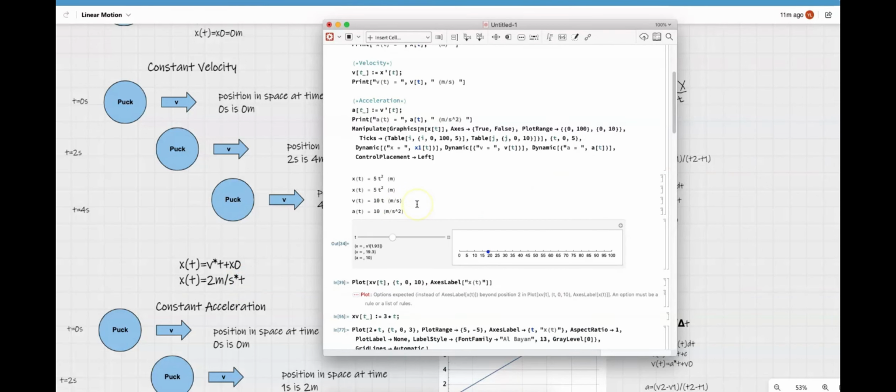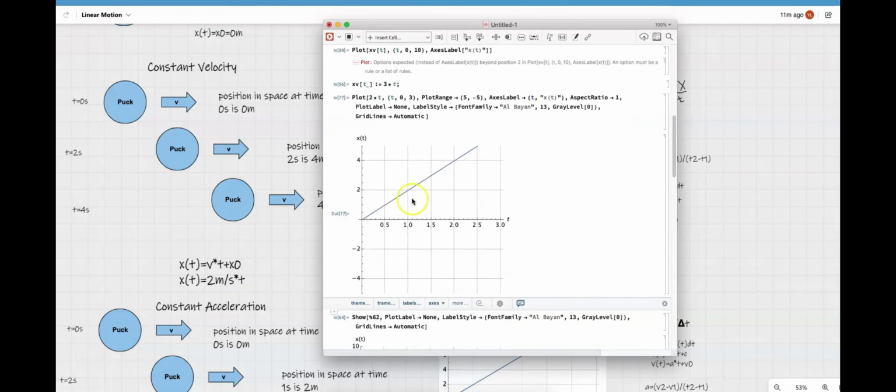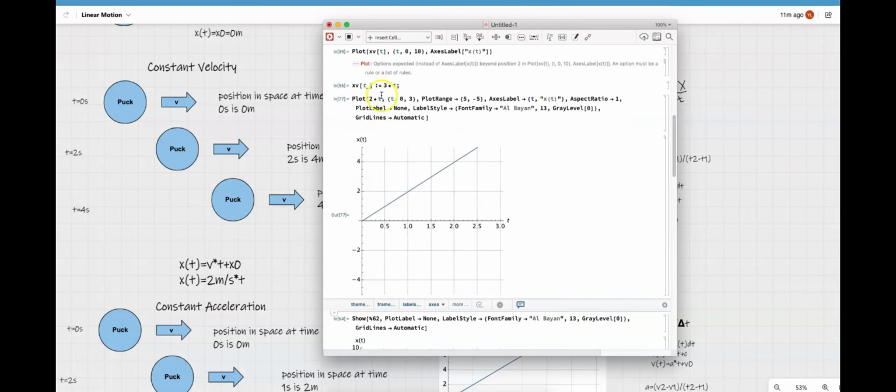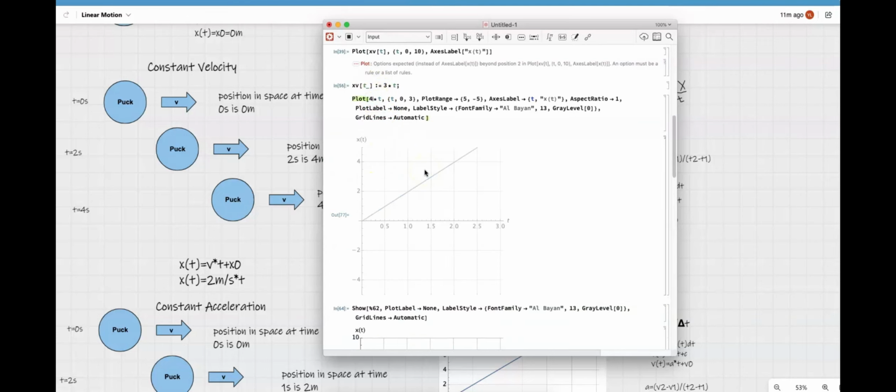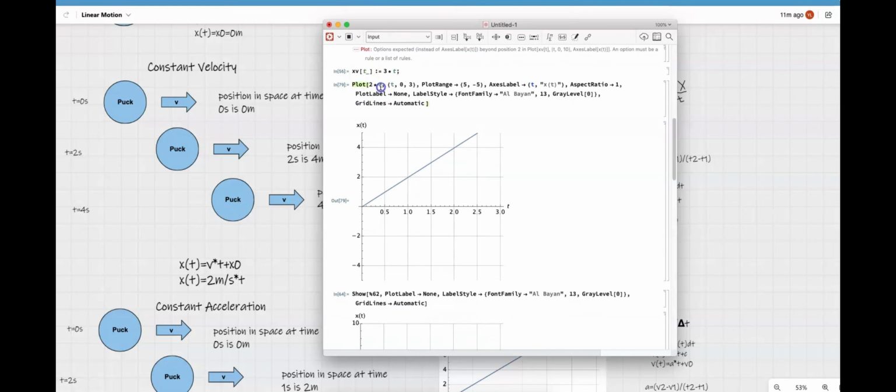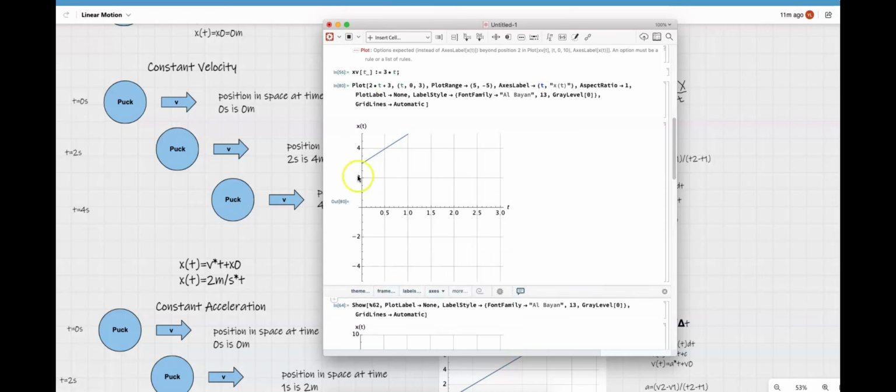Let's pop into Mathematica briefly and look at a few other examples. So here's what we just did. If we were moving faster, naturally, that'll be a steeper slope. If we were moving the same, but we were at position 3 to start, then we start with our y-intercept at 3 meters, and then we're moving up.